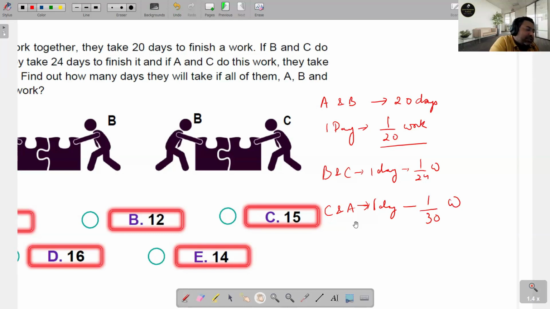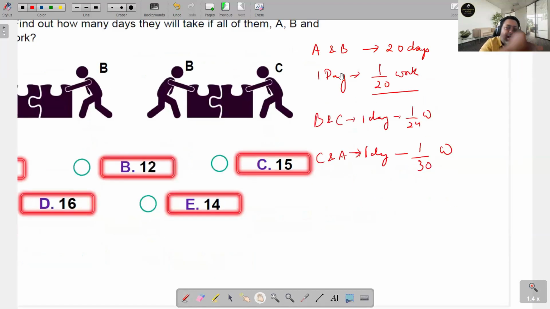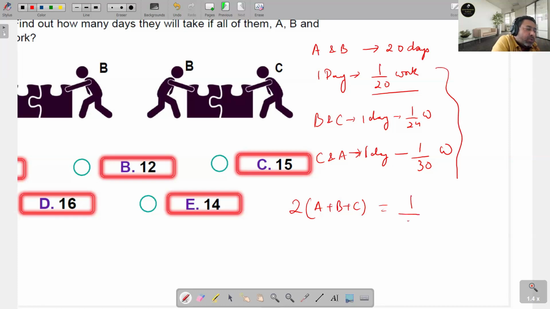Correct. So if we assume that there are two A's and two B's and two C's, then how much work will get done in one day? So 2 of A plus B plus C, if we add all these three up, we get 1 by 20 plus 1 by 24 plus 1 by 30 work. So let's see what this is.